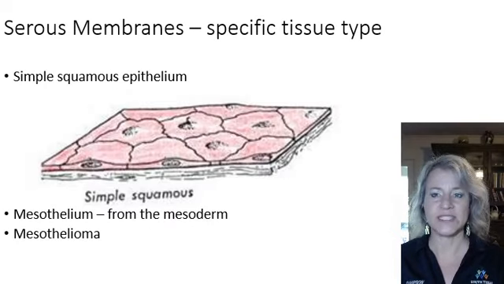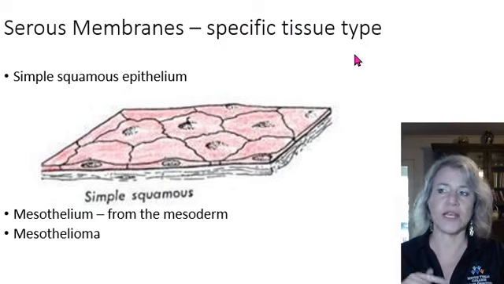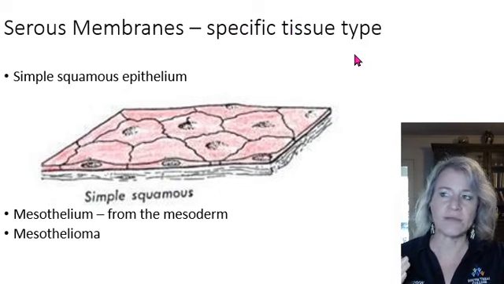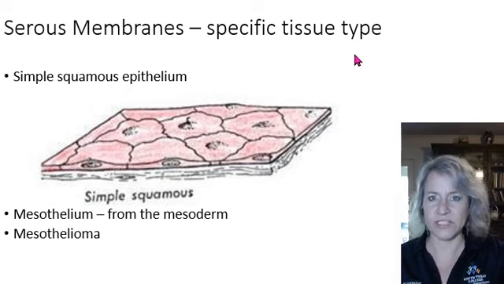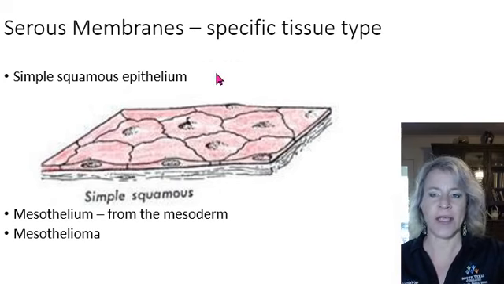Now, the specific tissue type that makes up the serous membrane. I'm introducing you to tissue type because we're going to elaborate on this more. The more times that you're introduced to tissue, the better. So this is our first introduction to a specific tissue type.